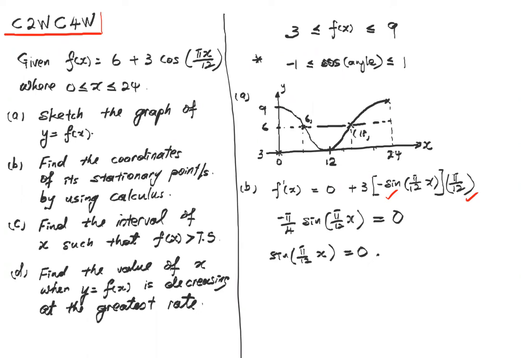So when you talk about trigo, something equal to a number, the angle can be of different value. It keeps repeating. Still remember the circle that I draw? First quadrant, second quadrant, third quadrant, and fourth quadrant. That is how you work. So pi by 12x. The first possible answer is, I know that sin 0 is 0. Second answer, sin pi also 0.